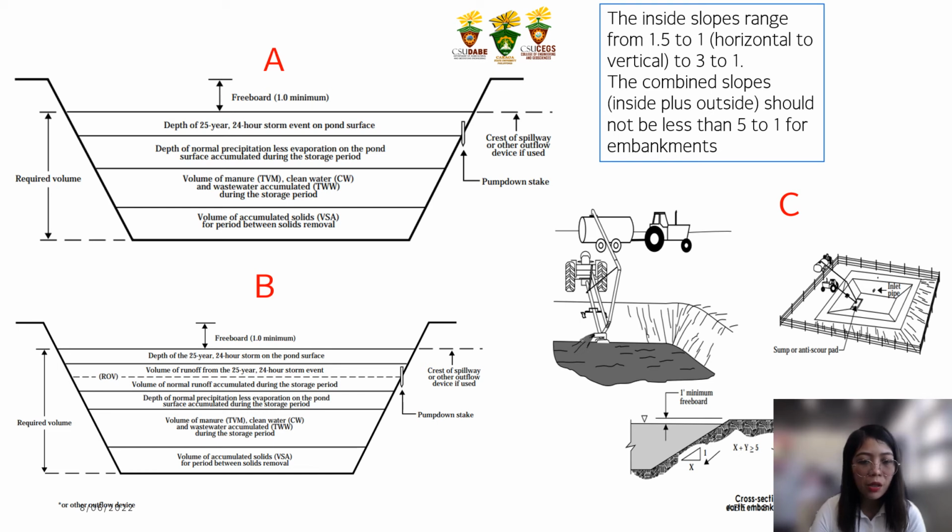Storage ponds should provide capacity for normal precipitation and runoff, less evaporation, during the storage period. Pumping platforms and ramps are used to unload storage ponds.